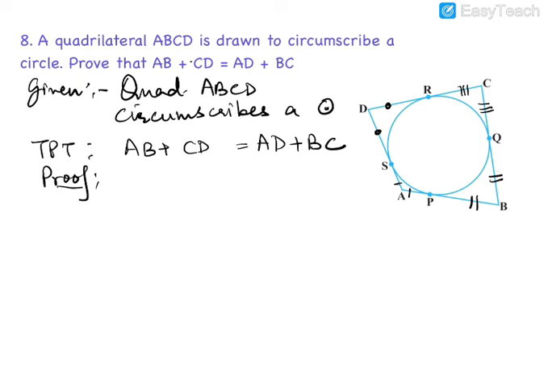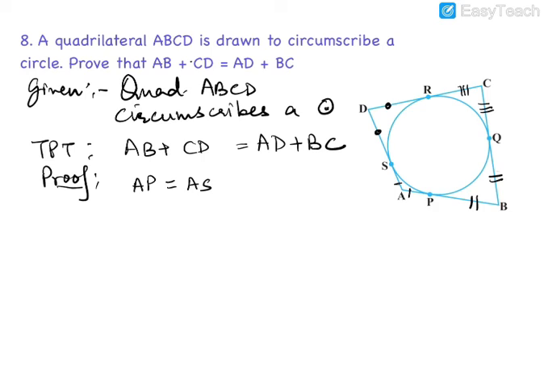But we have to write down these equal tangents in such a way that we are able to get this result. So keeping in mind we want AB and CD on one side of the equation, we are going to write down these equal tangents. So let's start with point A. AP is equal to AS.